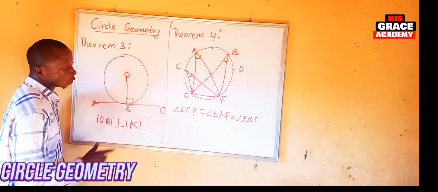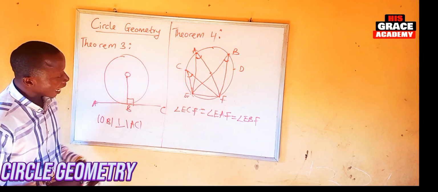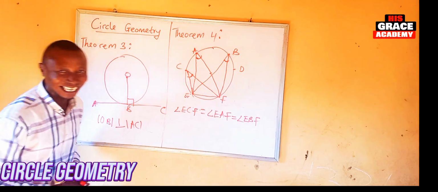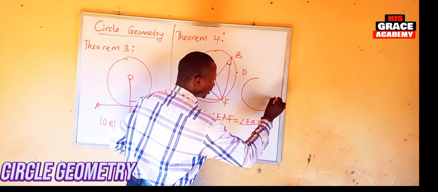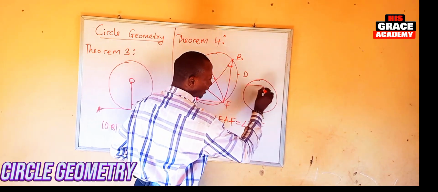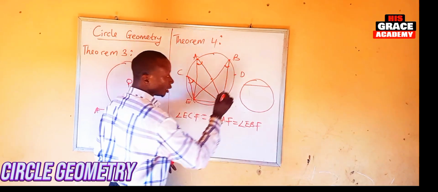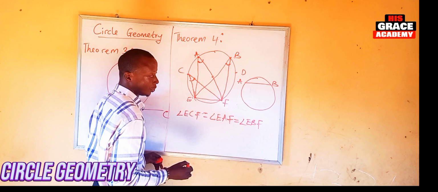Let me give another illustration to support the message of the theorem. Yes, you see. So now look at it here. So this is another circle. Okay. So this is the chord. Let me call it AB, chord AB.